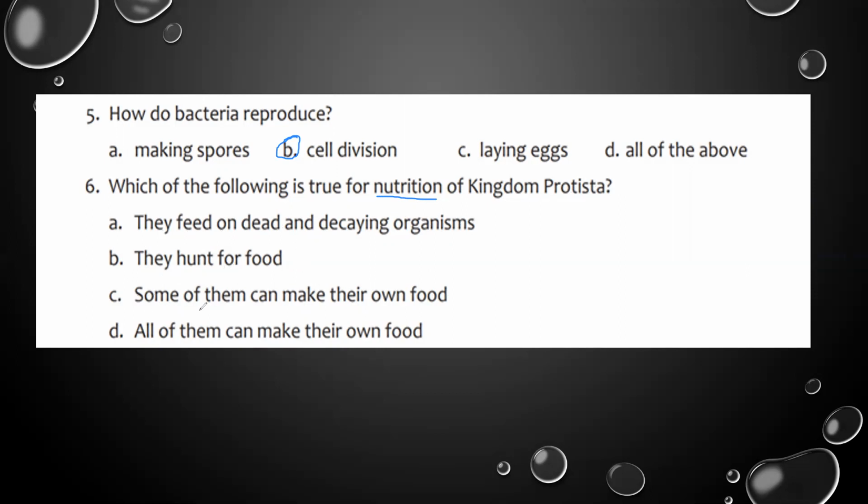Letter C, some of them can make their own food. D, all of them can make their own food. Okay, what is your answer? Anyone? Our answer is letter C. Please write your answer in your book. Okay, let's erase. Now let's proceed to the next.